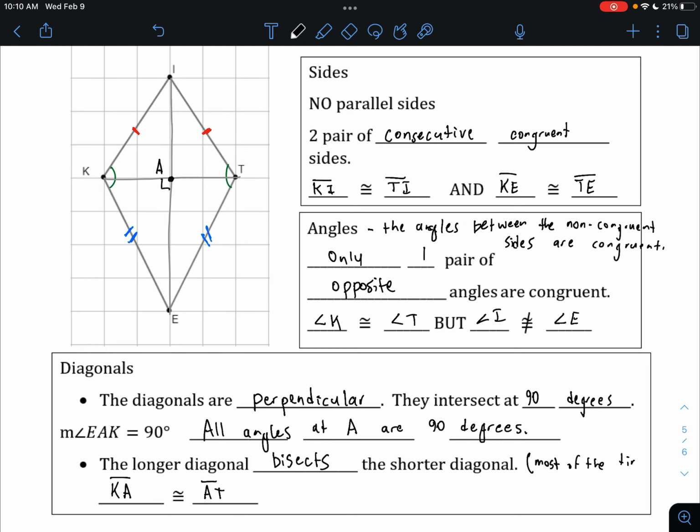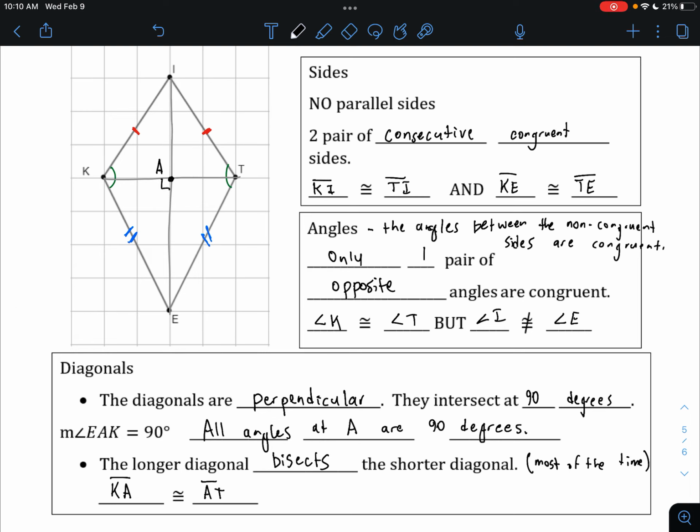The exception to that is if our kite is shorter than it is wide. So if I had a little kite like that, and that's the short diagonal, and this is the wide diagonal, well then the longer diagonal is being cut in half. It just depends on the dimensions of your kite. So this is true most of the time, but occasionally it's not.